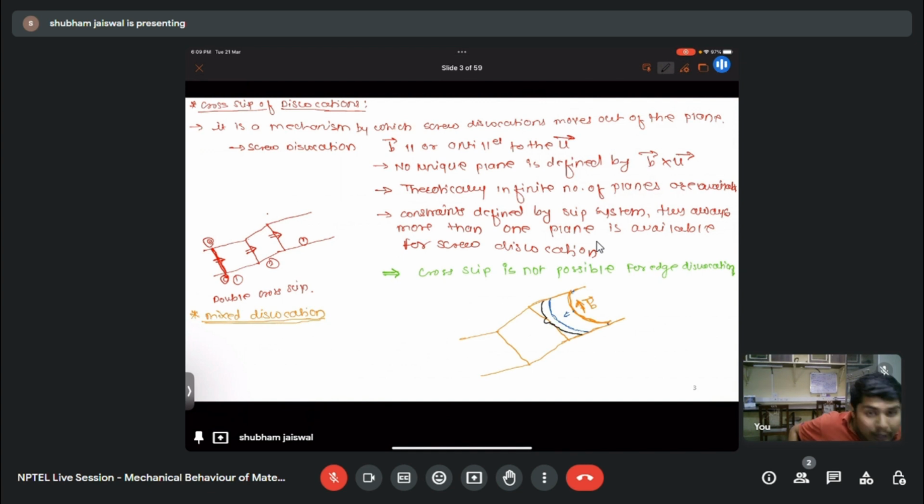As the dislocation movement proceeds further, this dislocation will cross slip, and finally it will cross slip to this plane.